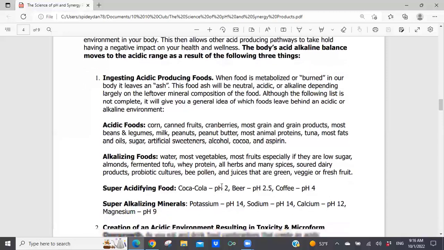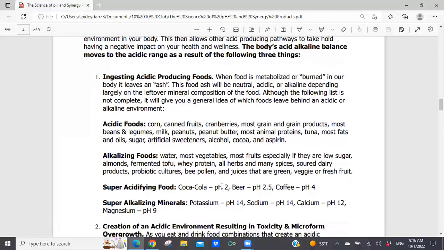Super acidifying foods: Coca-Cola, beer, coffee. Super alkalizing minerals: potassium has a pH of 14, sodium has a pH of 14, calcium has a pH of 12, magnesium has a pH of 6.